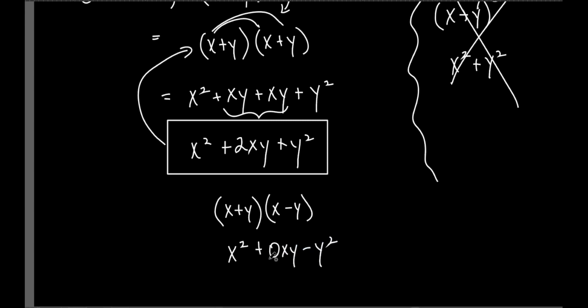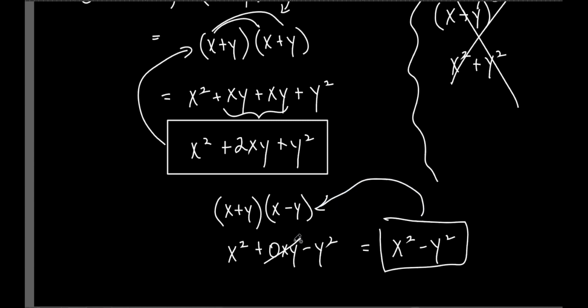Minus y squared. Now we don't write 0xy. How are we going to write that answer? We're going to write x squared minus y squared. Again, this is another thing we're going to learn probably in the next section or a section after that. We're going to end up coming from this answer and getting that. Those are two special products. So it's very important to see.